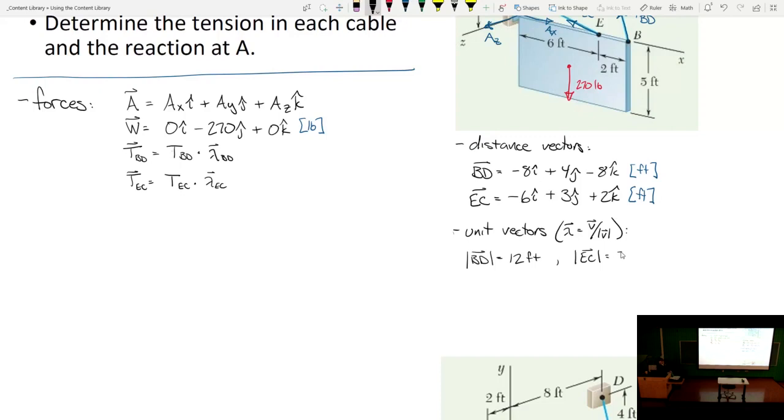All right. So therefore, lambda BD is going to be that divided by 12, that divided by 12, that divided by 12. So 2/3, 1/3, 2/3. Here, I'll dispense with the parentheses just to keep this simple.